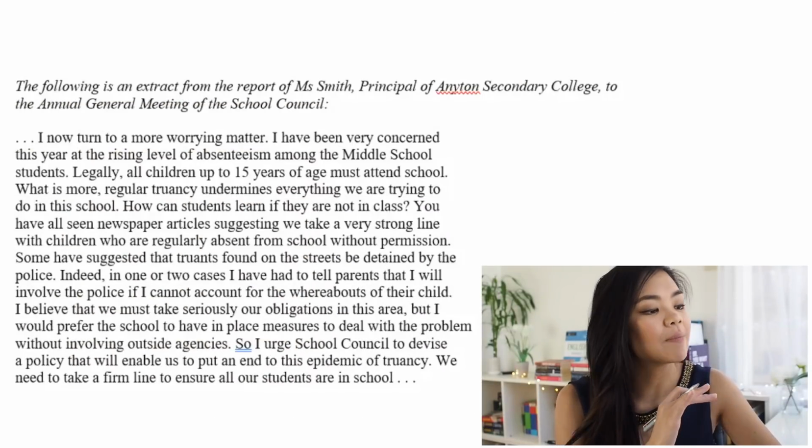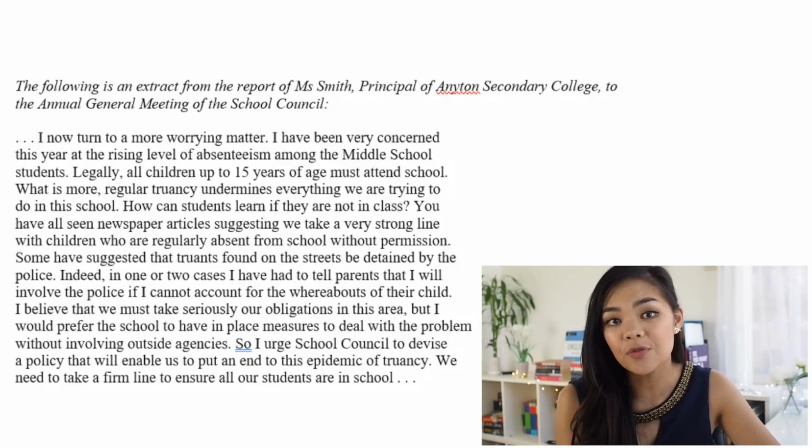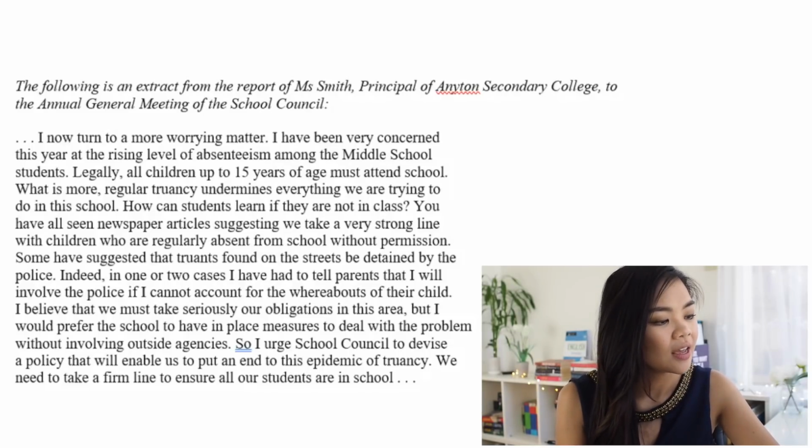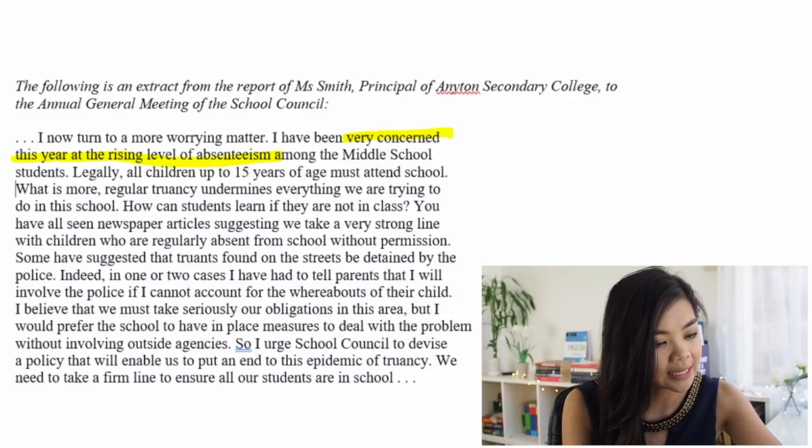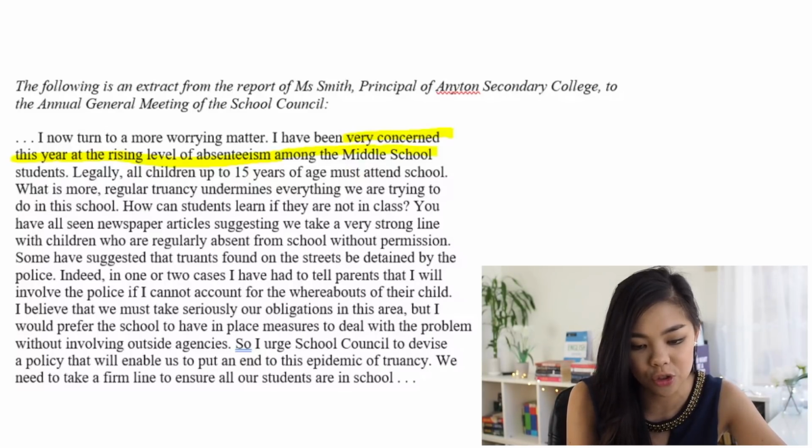As always, reading background information is critical for your understanding of the issue. And as you can see here, we've got a report of Miss Smith, principal of Ennington Secondary College, to the annual general meeting of the school council. So it's clear from her report that she is very concerned this year at the rising level of absenteeism among the middle school students.